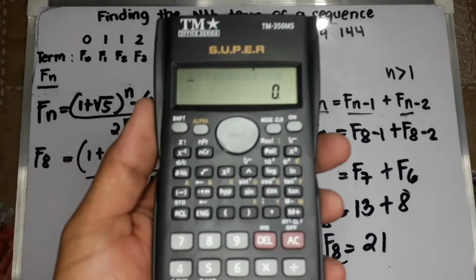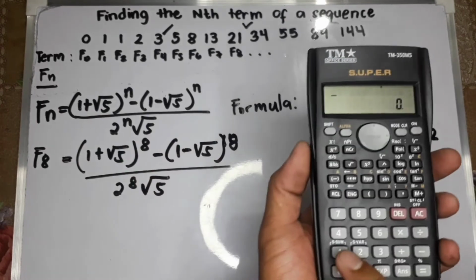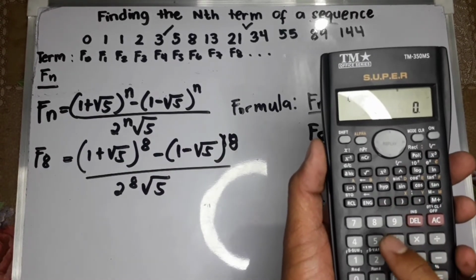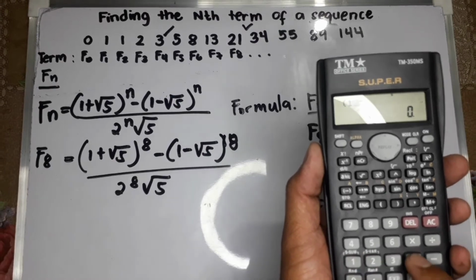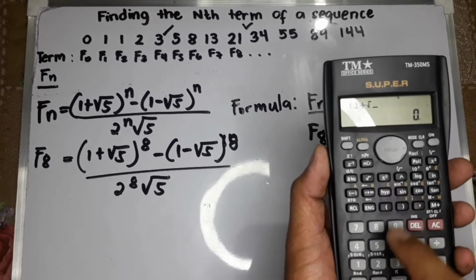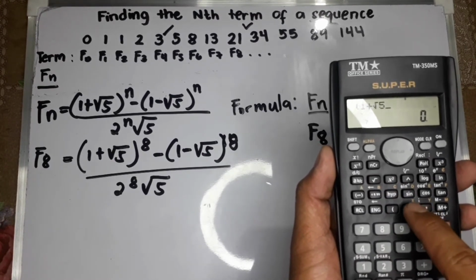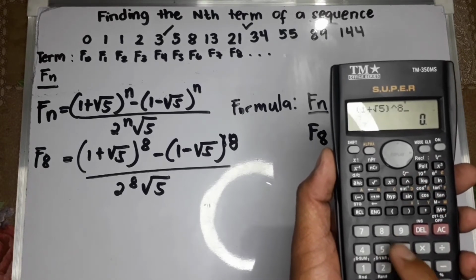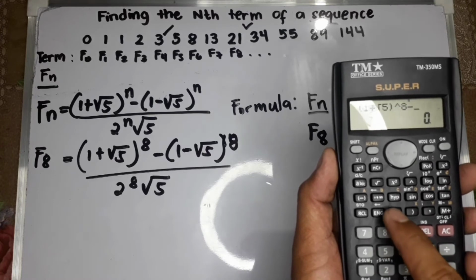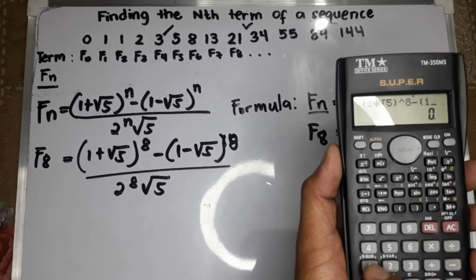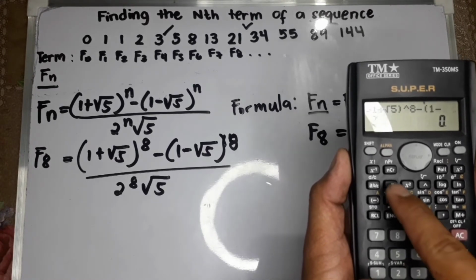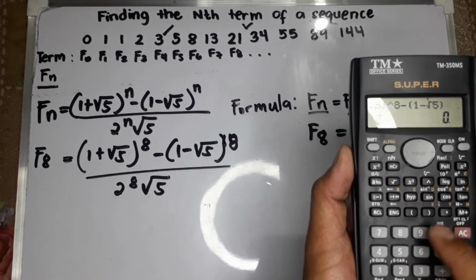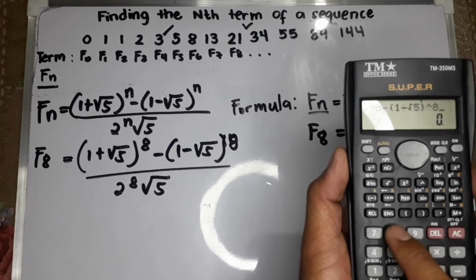Now we have (1 plus the square root of 5) raised to the power of 8, minus (1 minus the square root of 5) raised to the power of 8.